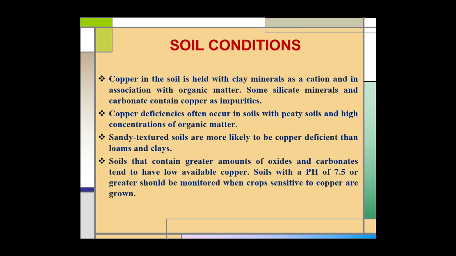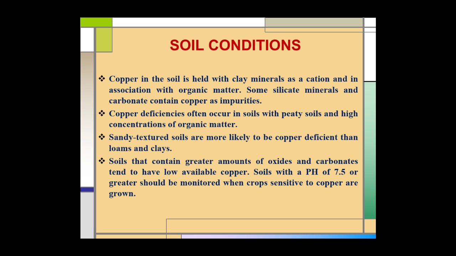Soil conditions. Copper in the soil is held with clay minerals as a cation and in association with organic matter. Some silicate minerals and carbonates contain copper as impurities. Copper deficiencies often occur in peaty soils and soils with a high concentration of organic matter.